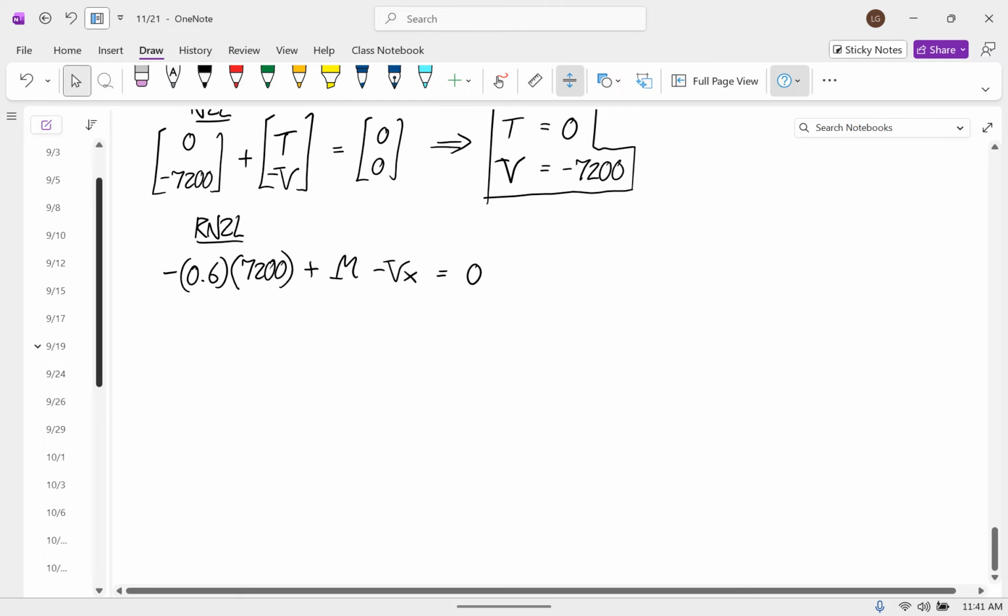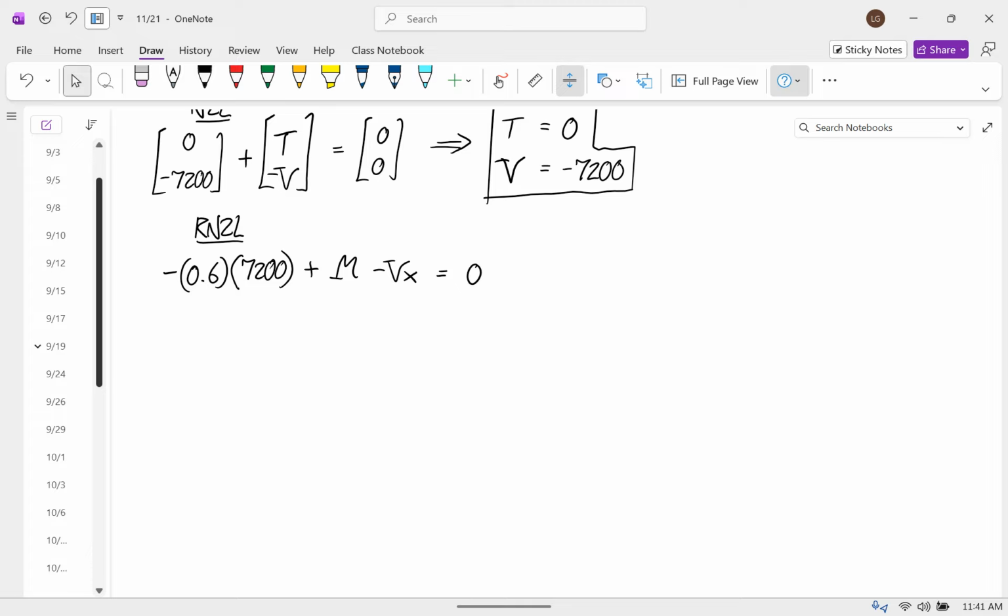Okay, so 0.6 times 7,200 is negative 4320, plus M minus Vx is equal to 0. So M is equal to Vx plus 4320.